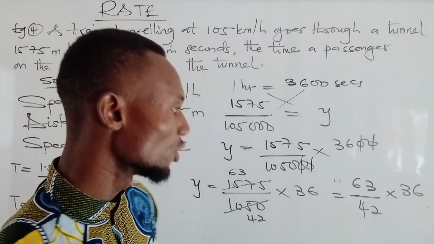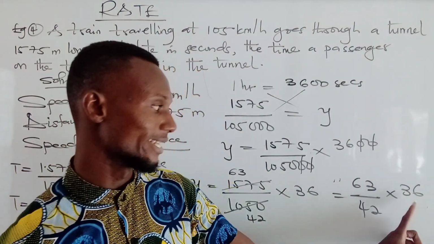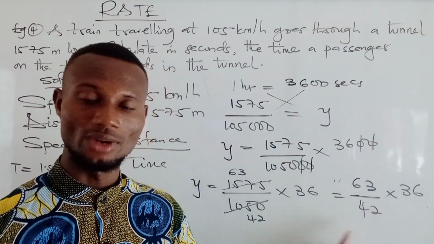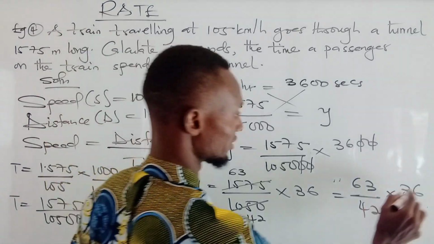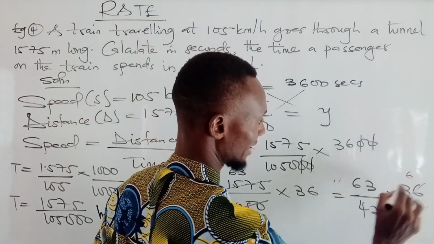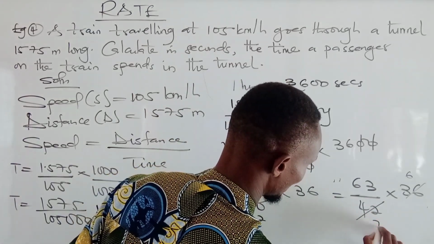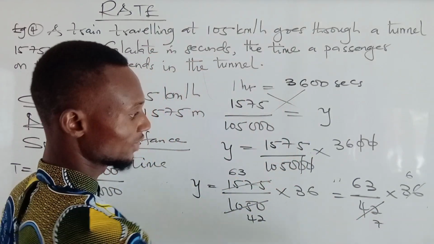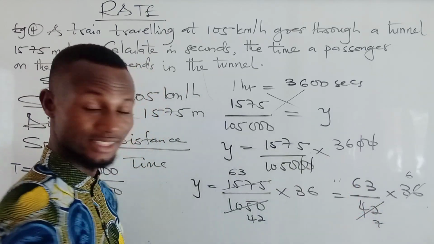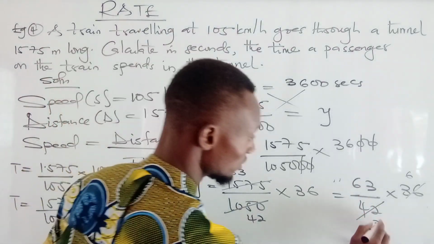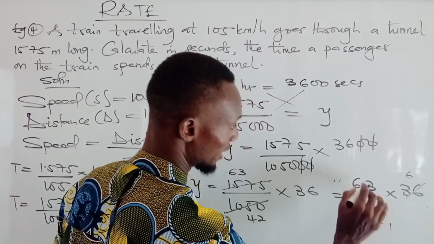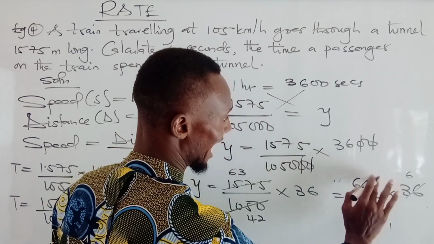Now using 6, I can simplify this 36 and the 42. I hope you agree with me. 6 goes into 36 6 times, and 6 goes into the 42 7 times. Then this 7 and the 63 can simplify. 7 cancels itself 1 and goes into the 63 9 times.